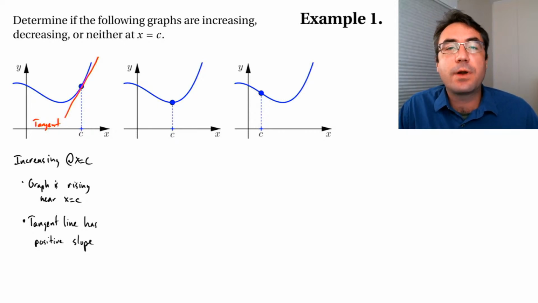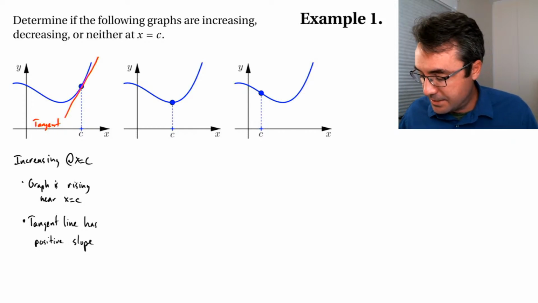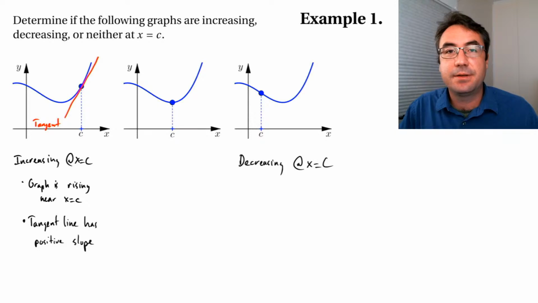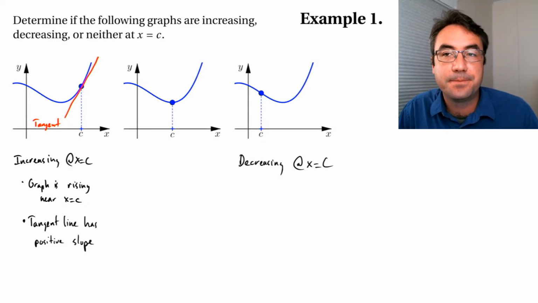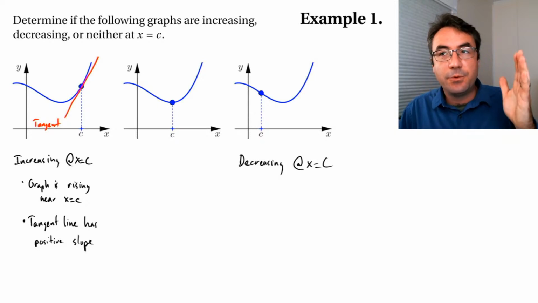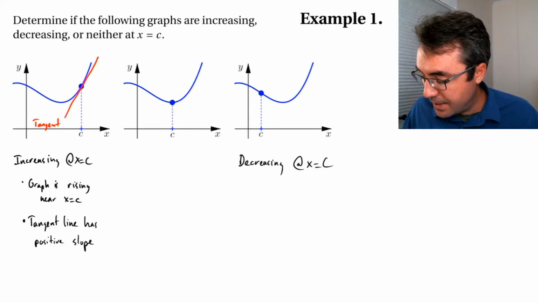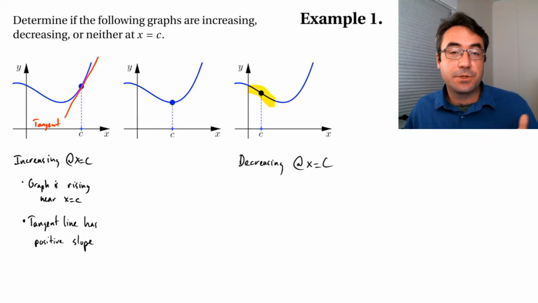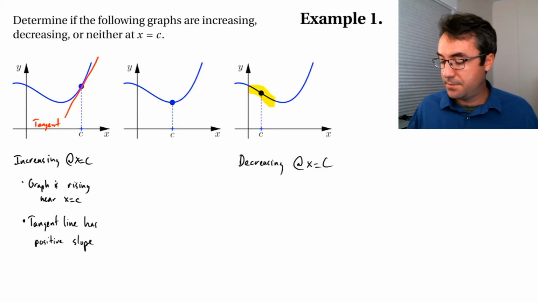Now, what about that graph all the way to the right? At x equals c, at that point on the graph, here we see an example of a function that is decreasing at x equals c. So as we move from left to right, the graph is going down, it's falling.